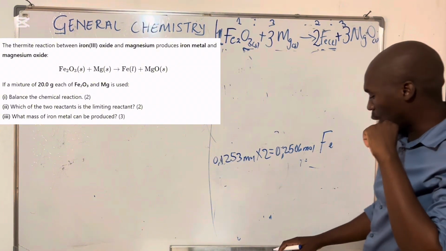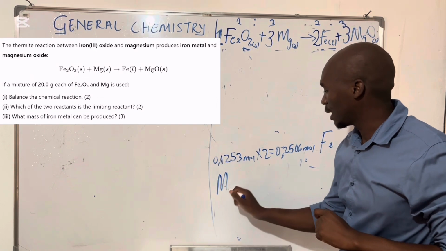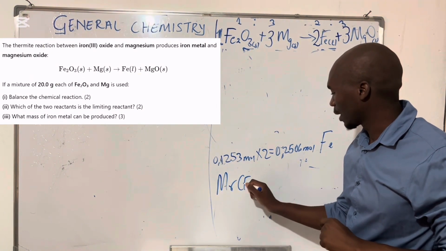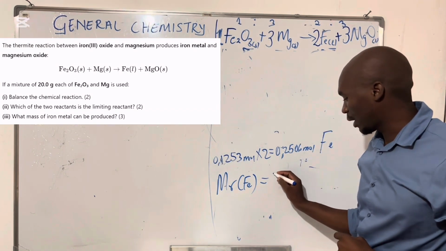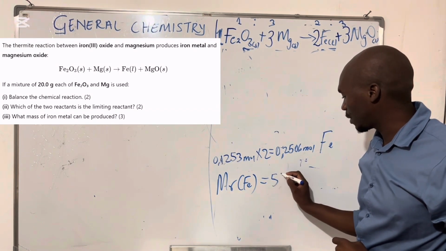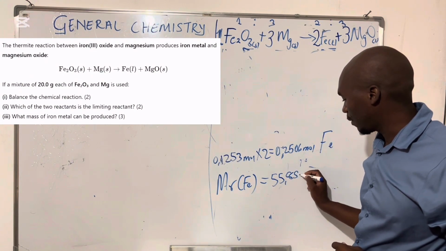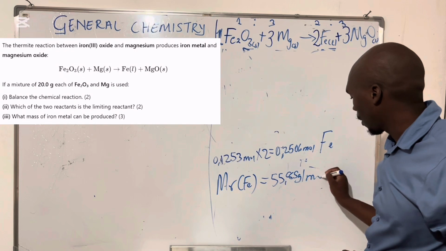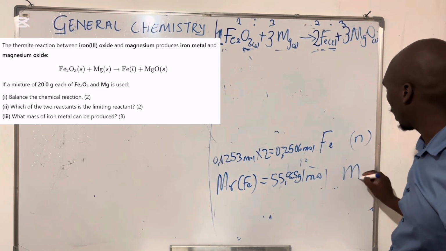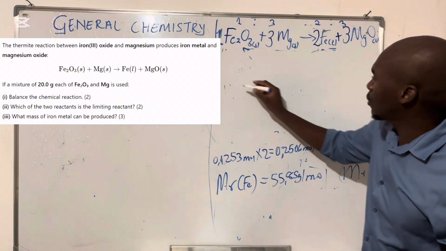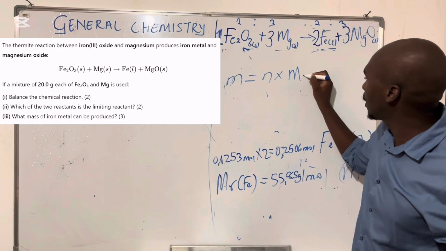So to find the amount, we now need to find the molar mass of Fe. The molar mass of Fe, you check it on the periodic table, you will find out that the molar mass is 55,85 gram per mole. So if we have number of mole and we have the molar mass, it's easy to find the mass because mass is the same as number of mole multiplied by molar mass.